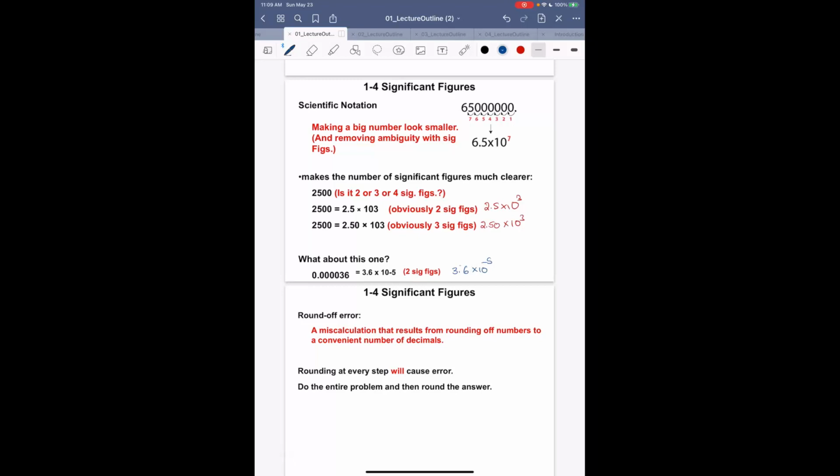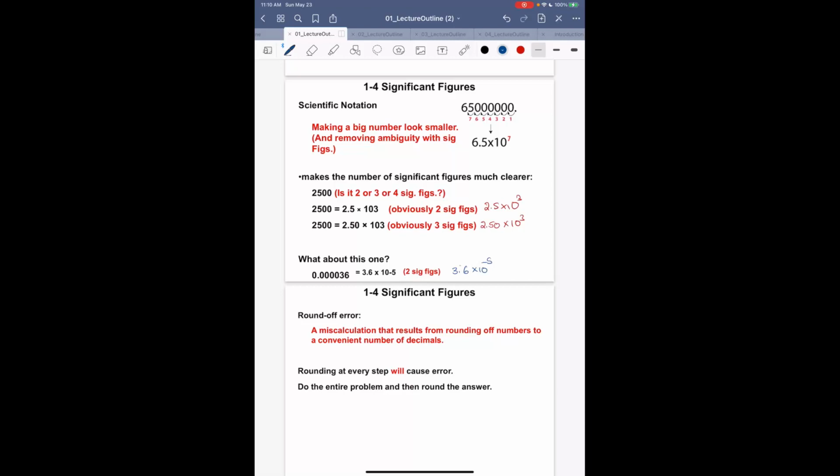Now, rounding off. Miscalculation results from rounding off numbers to a convenient number of decimals. This is because rounding at every step is going to cause error.